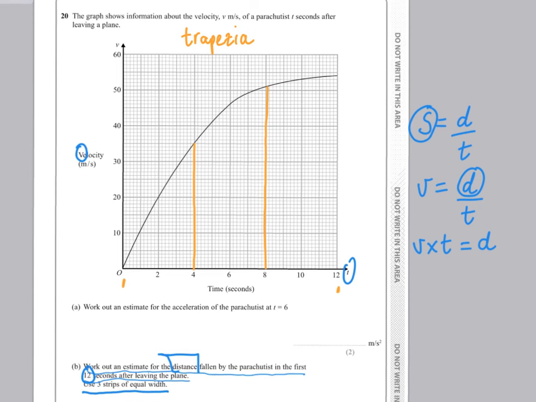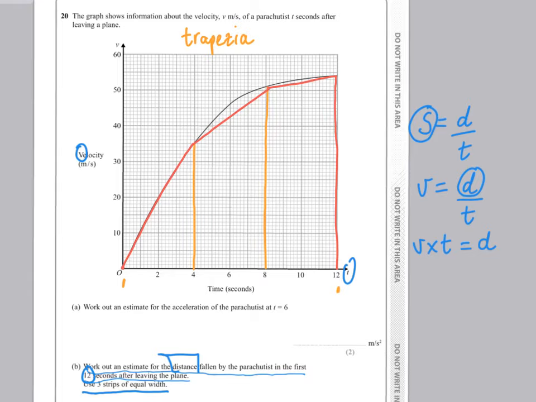So I can see a trapezium here, and I can see one here, because if I just draw this here, that's like the end point. I can also see one here, and you might say, well, hold on, this is a triangle. Well, yes, it is, and that's fine, but if you want to look at it as a trapezium, which doesn't have any height here, that's good also.